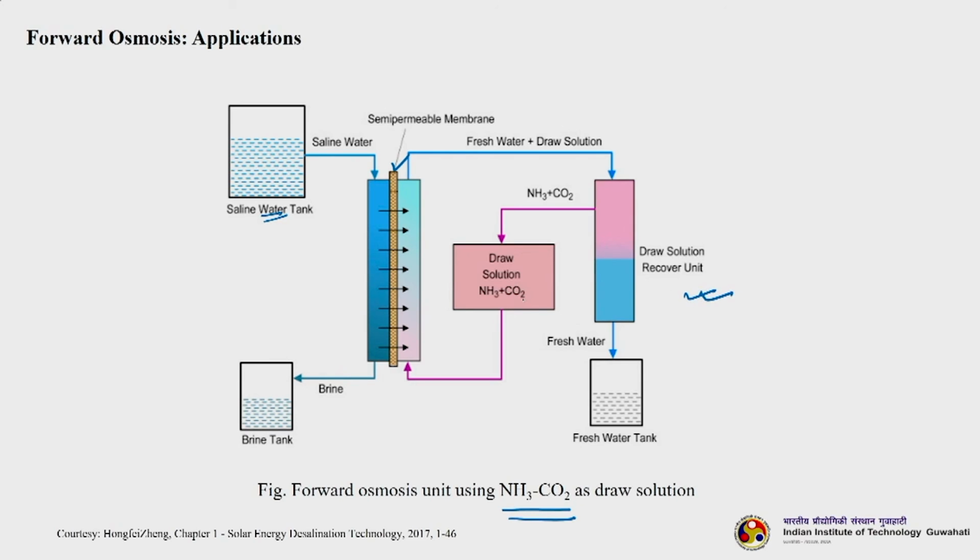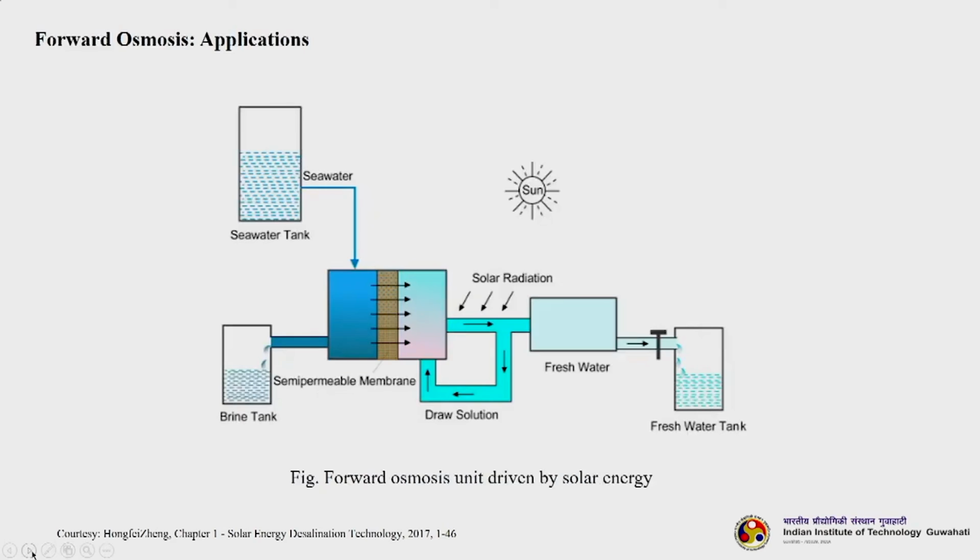Ammonia and carbon dioxide are fed to the opposite side, and water from the saline water will diffuse through the membrane and enrich the draw solution. Then you get fresh water and draw solution, and the draw solution gets diluted. Then you can separate the fresh water from the stream.